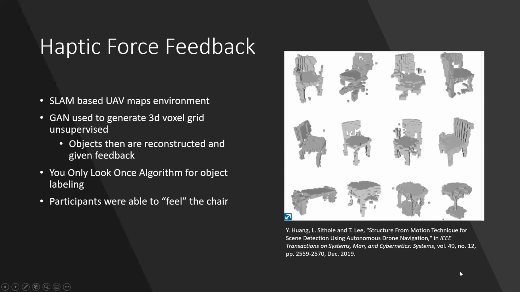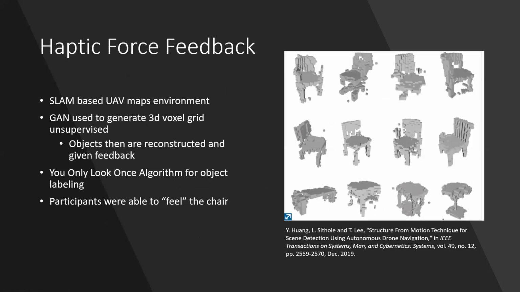So the idea was that they use SLAM to build a map of the environment using a drone. And then they used a GAN, like some people were talking about last week, to generate this 3D voxel grid unsupervised. So basically you took your SLAM map and ran it through a GAN to generate this map with the more voxel style grid so that they could attribute, based on where the voxels were, this haptic feedback to it.